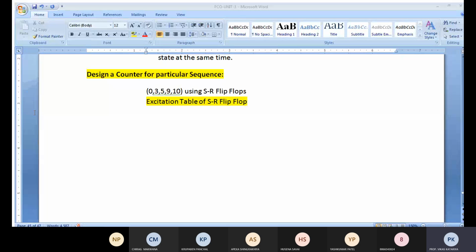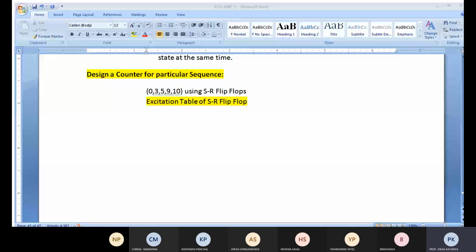Similarly, if the present state is 0, next state is 1, the value of S should be 1 and the value of R should be 0.